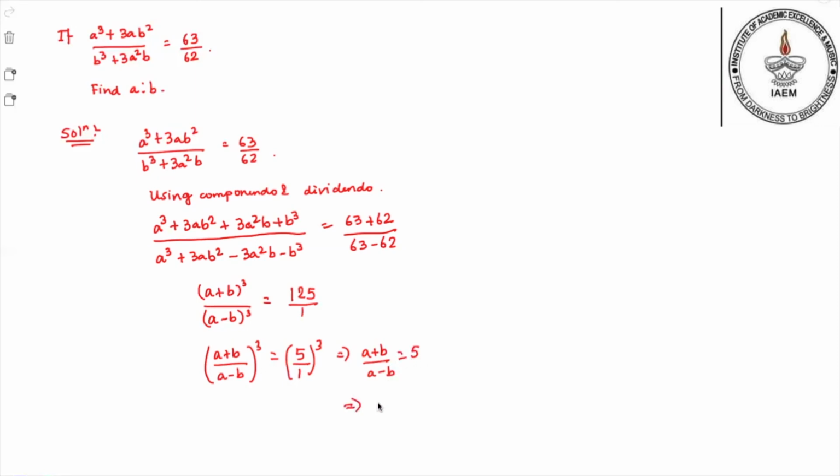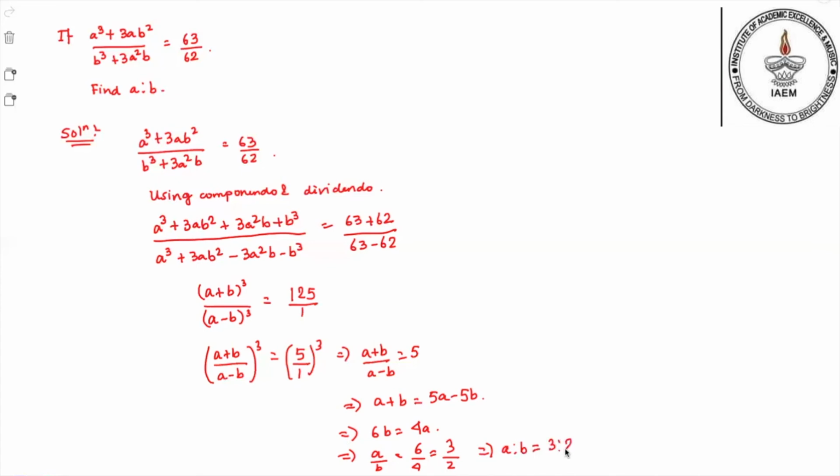If we cross multiply, a plus b equals 5a minus 5b, which implies 6b equals 4a, which implies a by b equals 6 by 4 equals 3 by 2, which implies a is to b equals 3 is to 2.